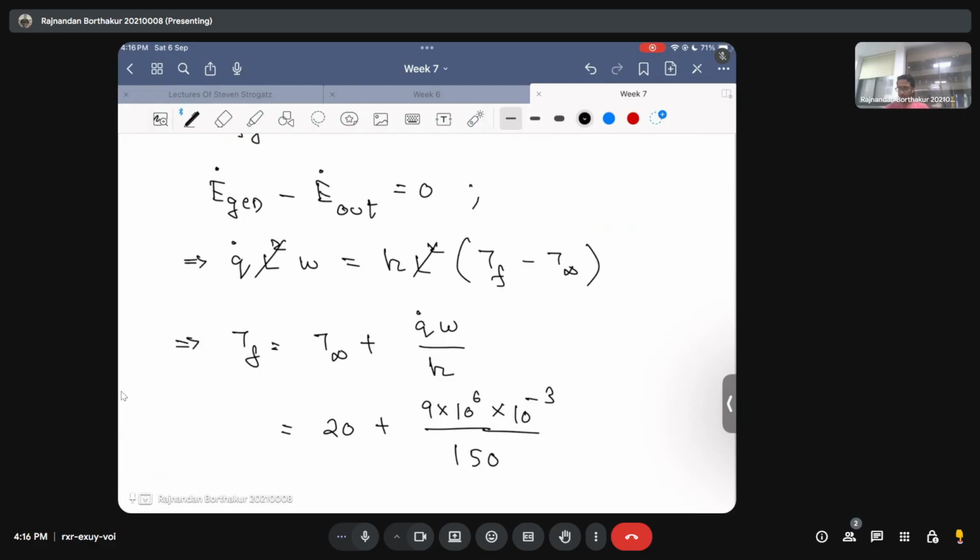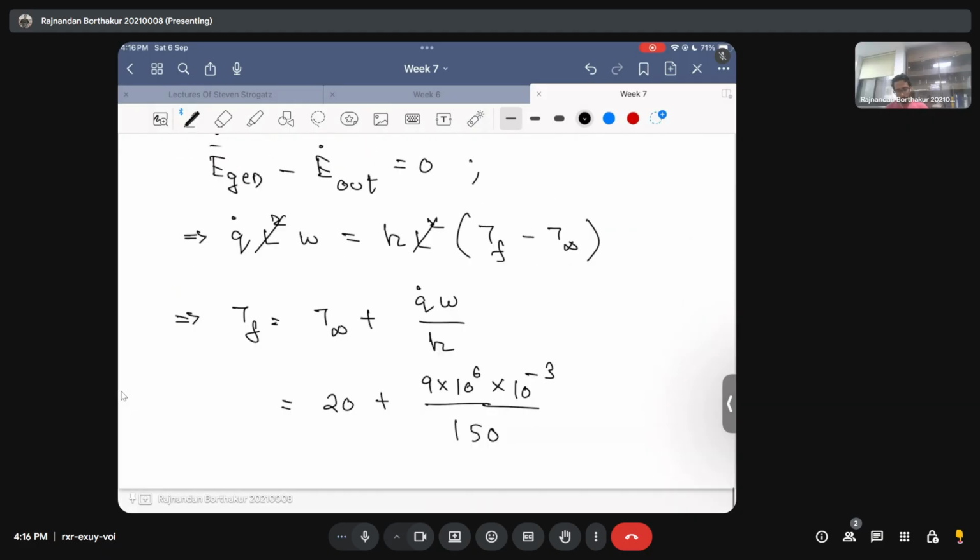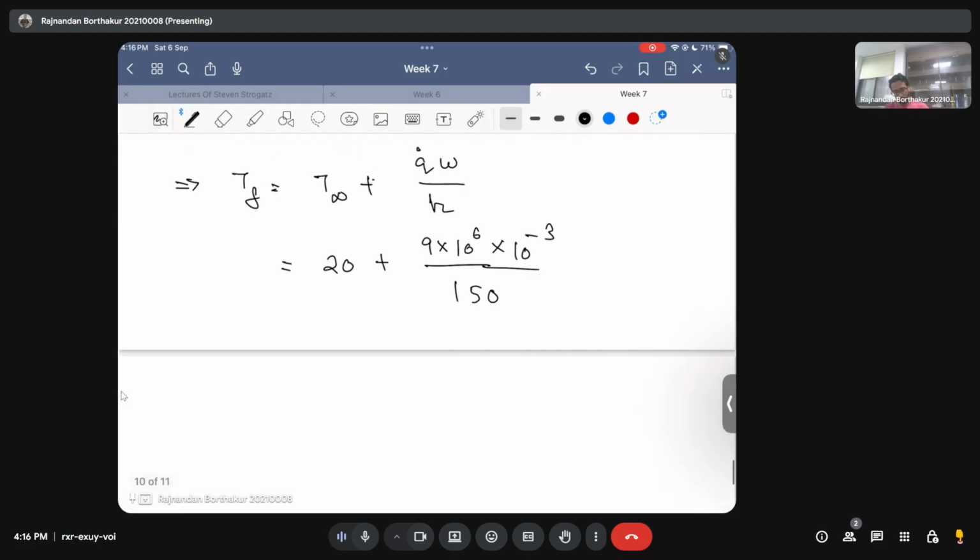If you do this calculation, you will see that your TF comes out to be equal to 80 degrees Celsius.